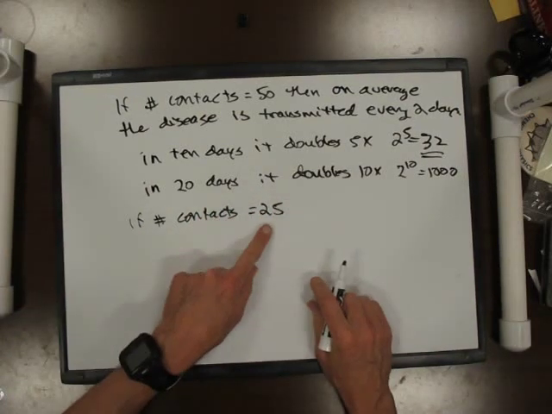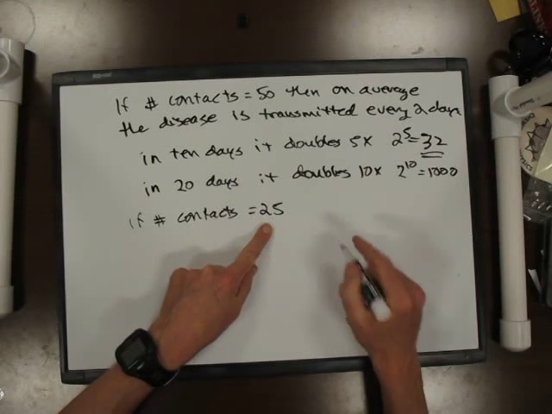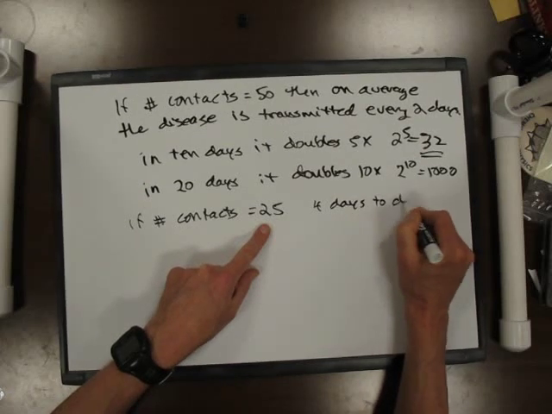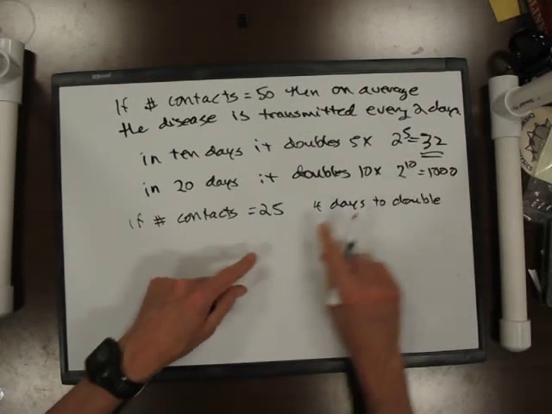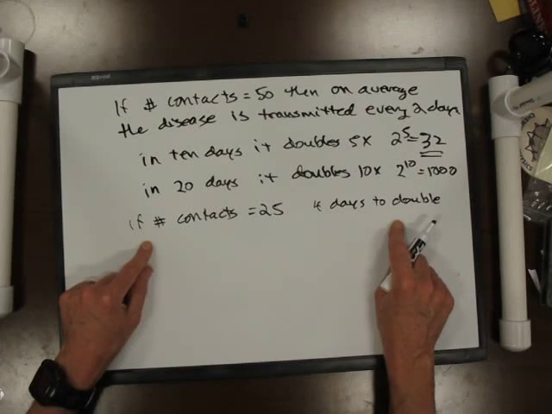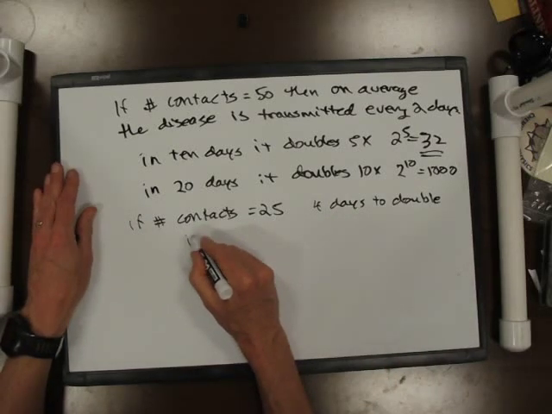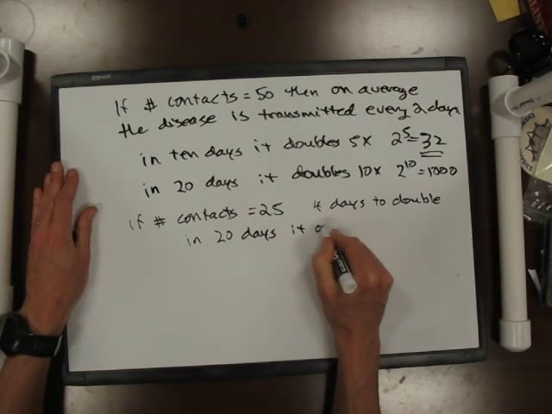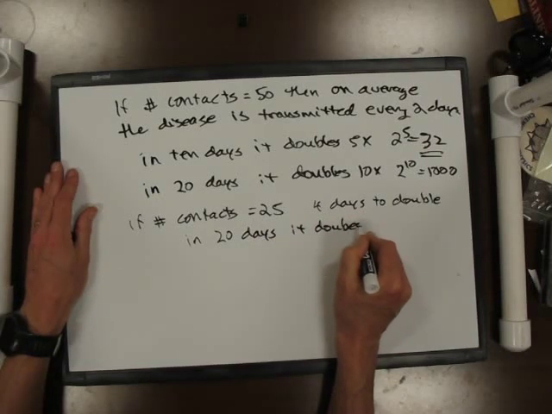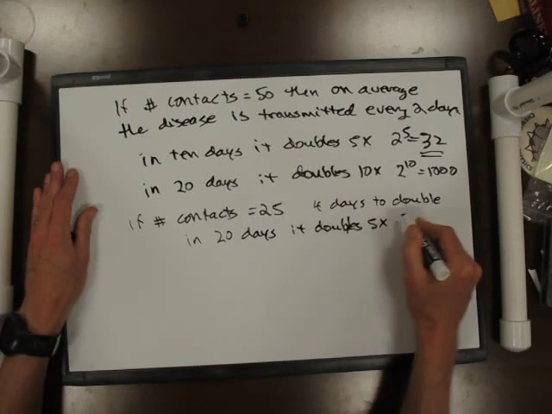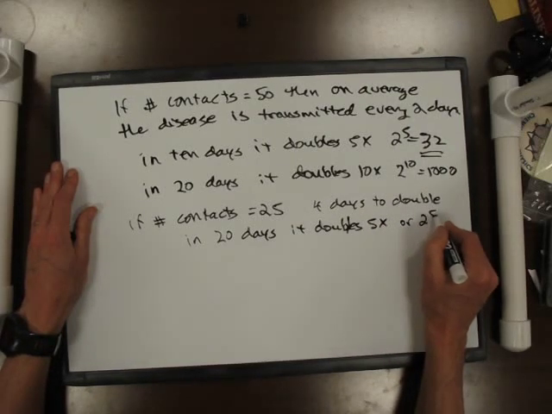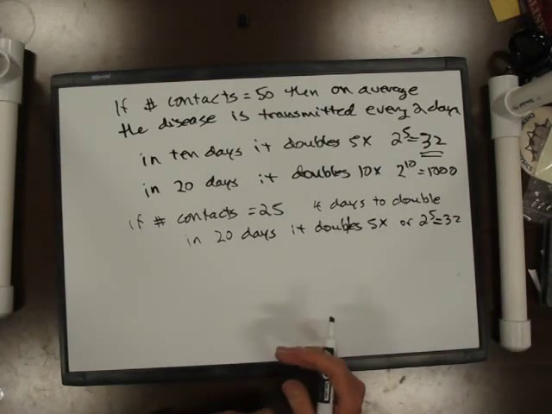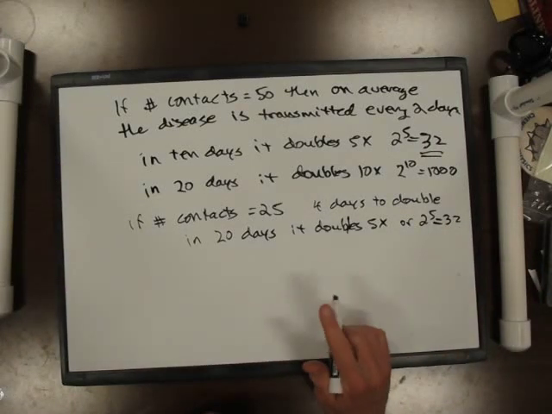Furthermore, if the number of contacts is 25, then it takes me 4 days for the disease to double. And so that means in 20 days, the rate of spread of the disease is dramatically dependent.